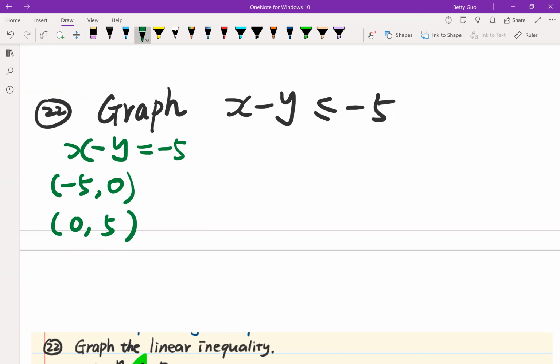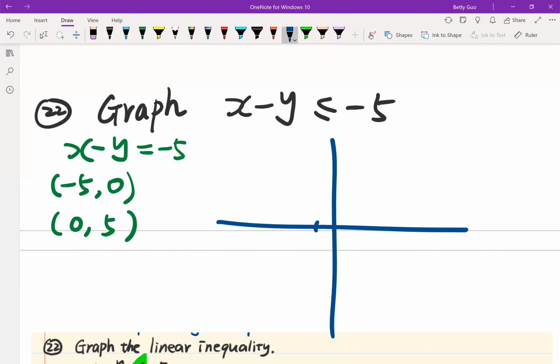For the x-intercept, I make y be 0, so x is -5. For the y-intercept, I make x be 0, so negative y is -5, of course y is 5. Once I have 2 different points on the line, I can plot them and draw the boundary. -5, 0 is right here. 0, 5 is right here. Am I supposed to graph the boundary solid or dashed?